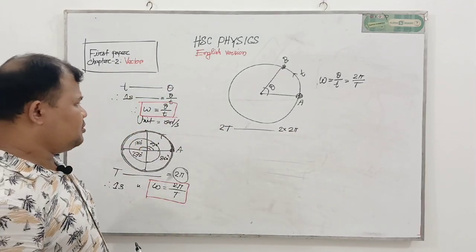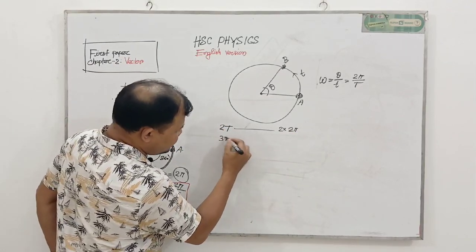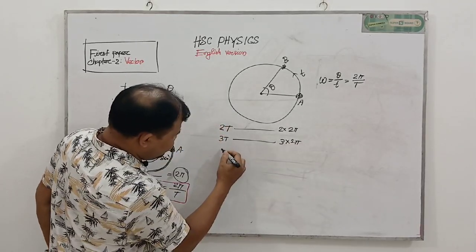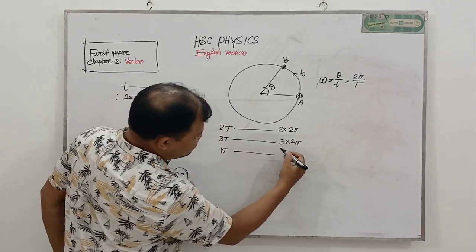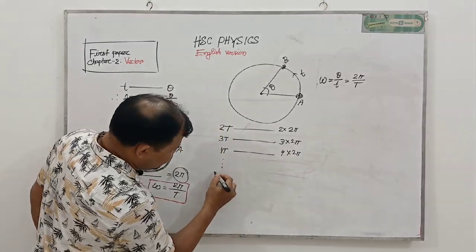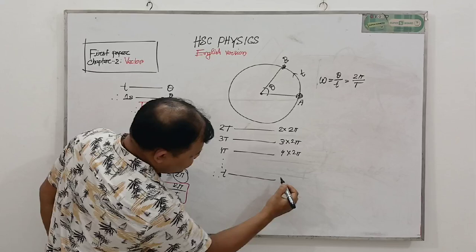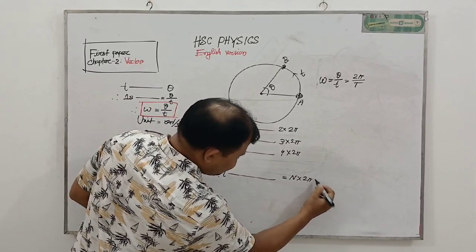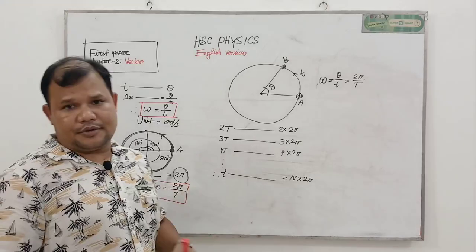If we take 3T, then this will be 3 into twice pi. If we take 4T, then this will be 4 into twice pi. Suppose n is the number of rotations.